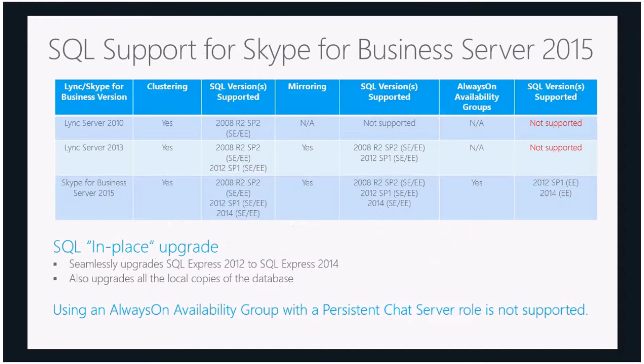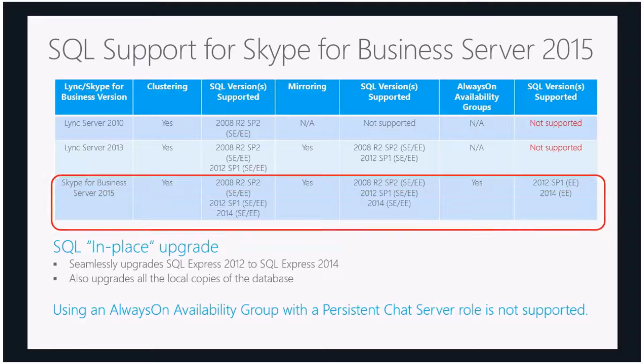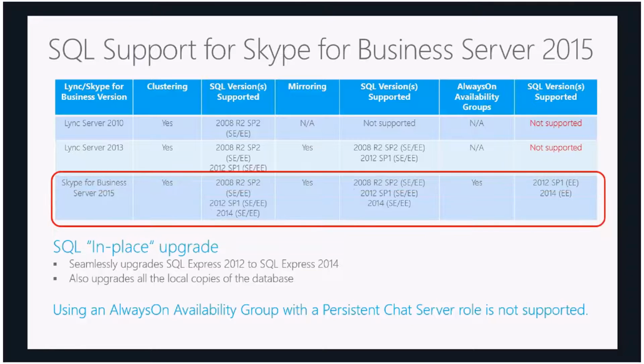So this is really what we're talking about here. This will show us where we can upgrade from and what we can upgrade to, and the target that we're looking at here is that we end up with a Skype for Business Server 2015 instance. The SQL versions that are supported for Skype for Business are listed there in the third column from the left.